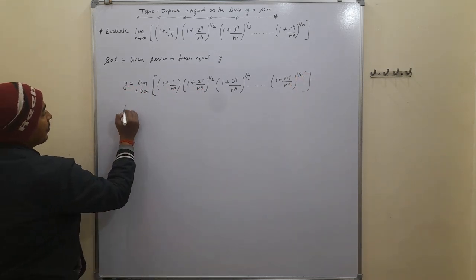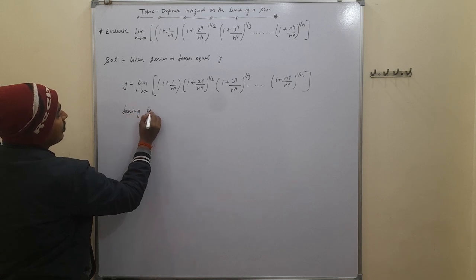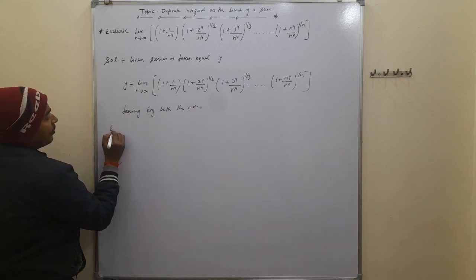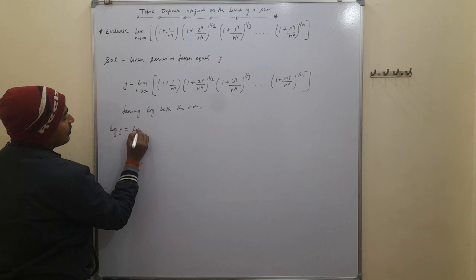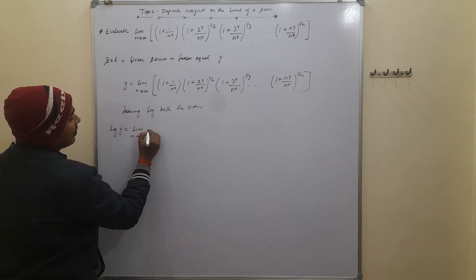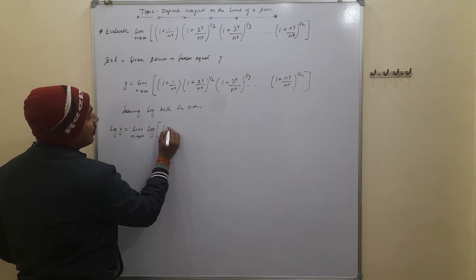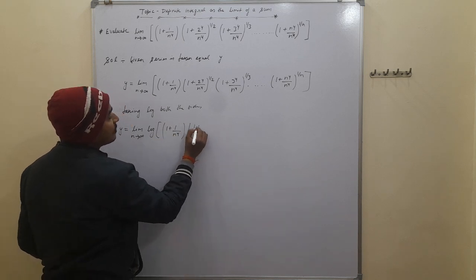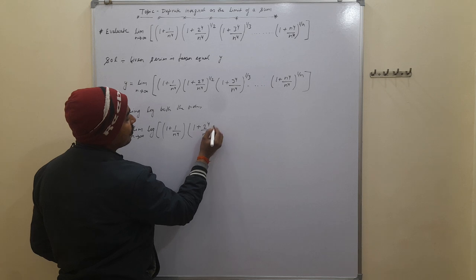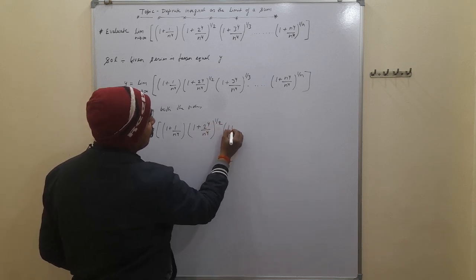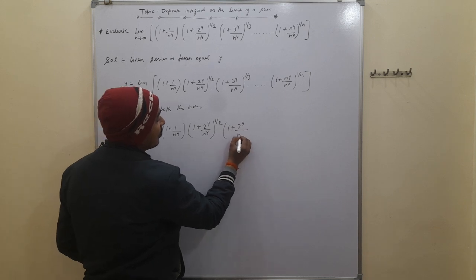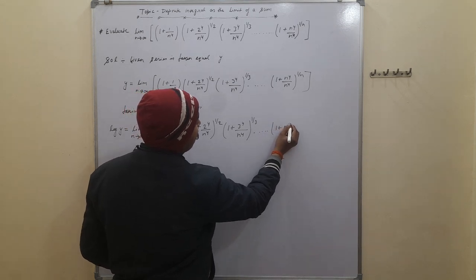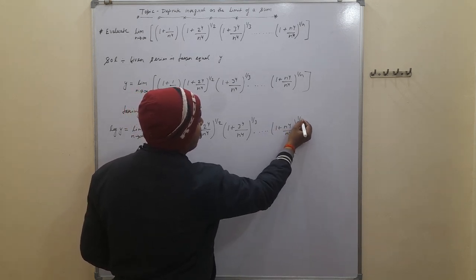Taking log on both sides, that is log y is equal to the limit as n tends to infinity of log of (1 + 1/n^4) into (1 + 2^4/n^4)^(1/2) and (1 + 3^4/n^4)^(1/3) and so on, up to (1 + n^4/n^4), the whole to the power 1/n.